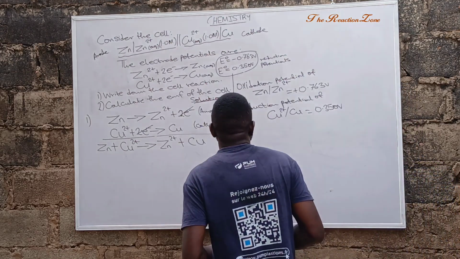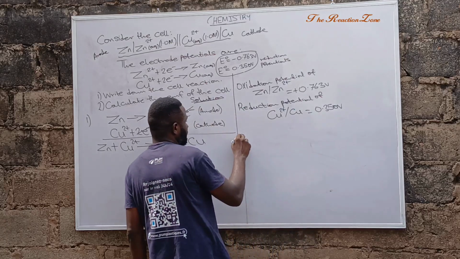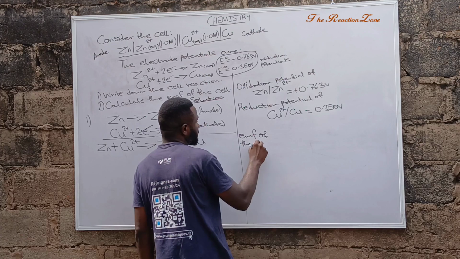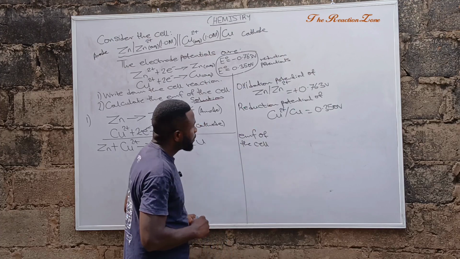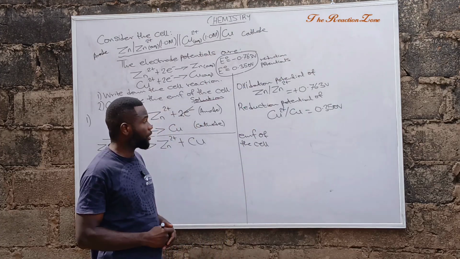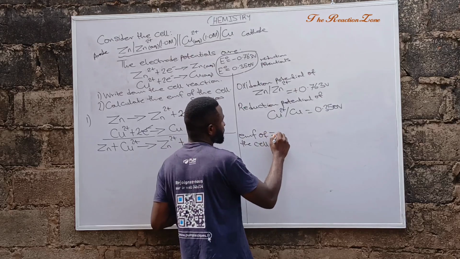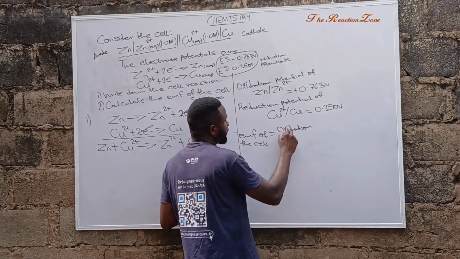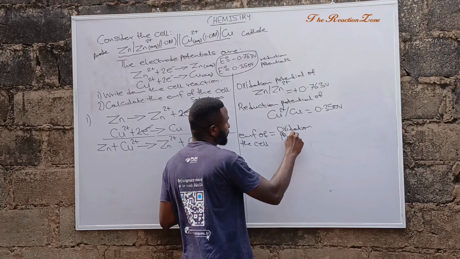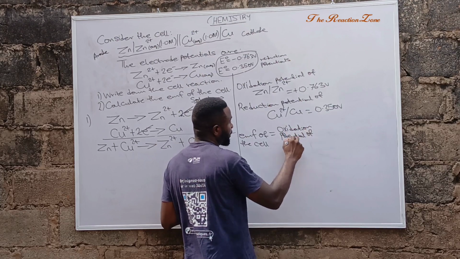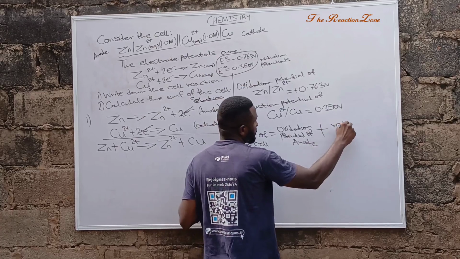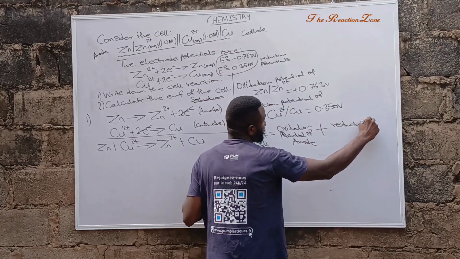Now, to get the EMF of the cell, we have the oxidation potential of the anode and the reduction potential of the cathode. So the EMF of the cell in this case is going to be the oxidation potential of the anode plus the reduction potential of the cathode.